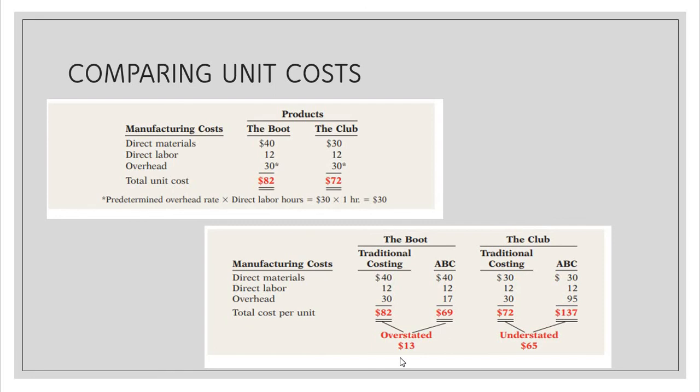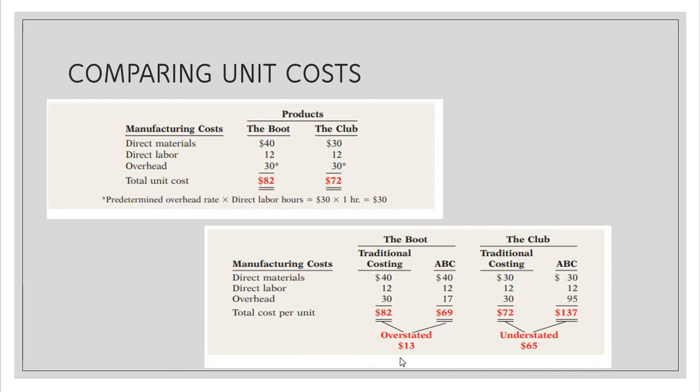So, hindi siya accurate, di ba? It is understated by 65 units because dun sa traditional, they computed 72 while dun sa using the activity-based costing naman is 137.